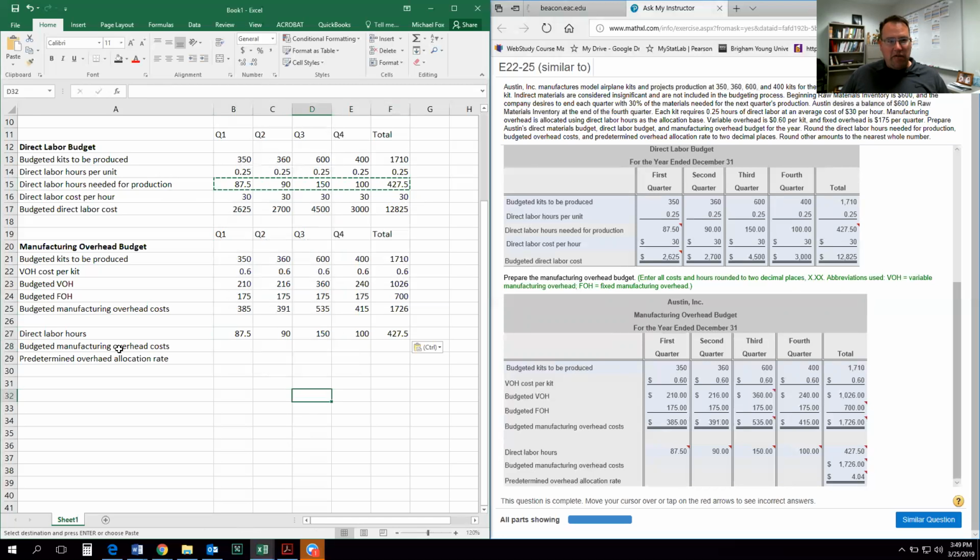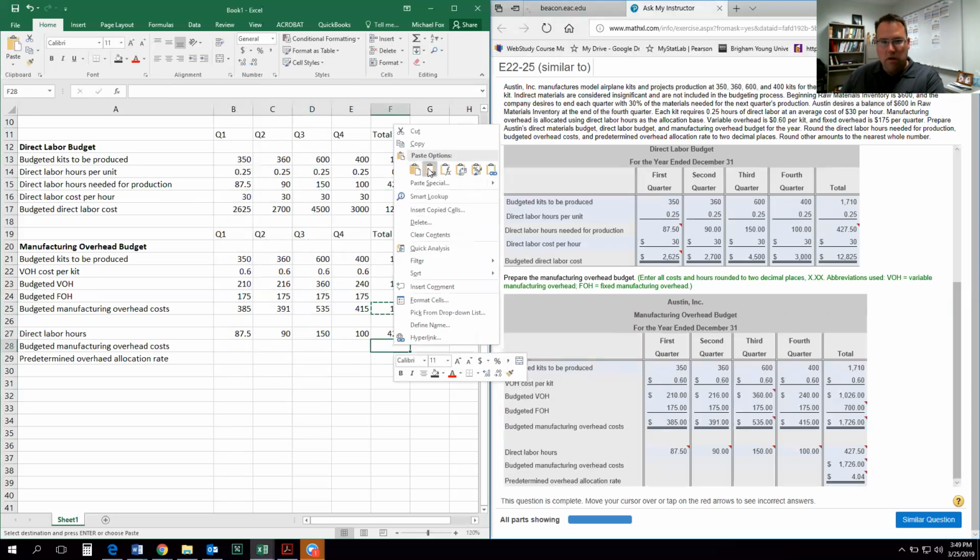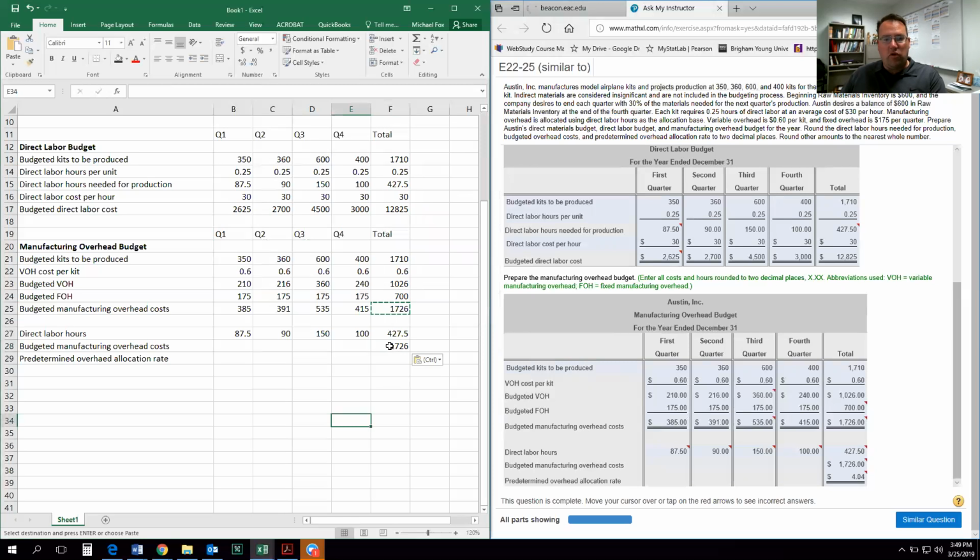Then our budgeted manufacturing overhead costs, which we figured out right here. That's our total. I could also do a formula, equals, and say this cell equals that cell. That would let me still use this if I had other numbers to put in there.